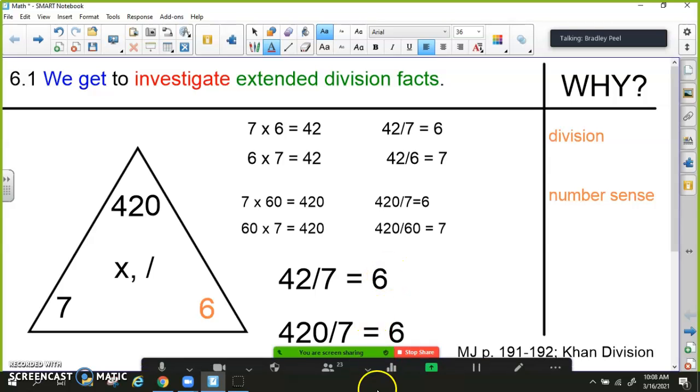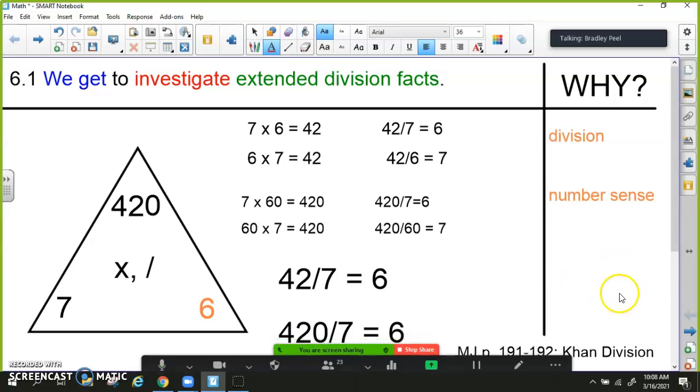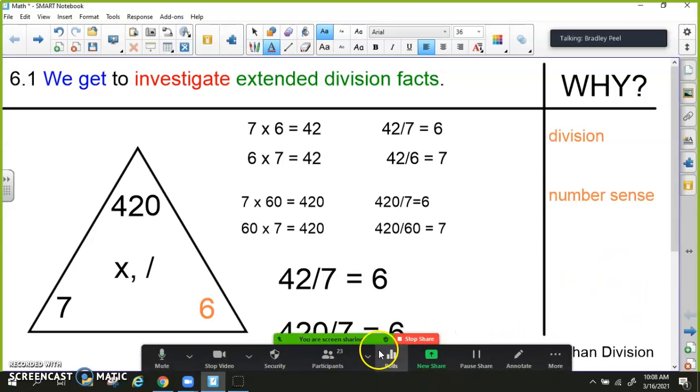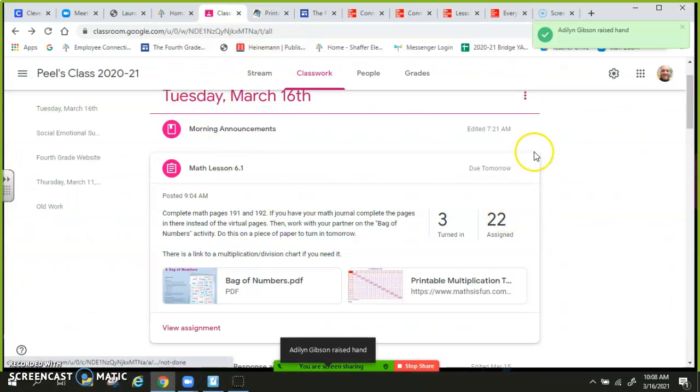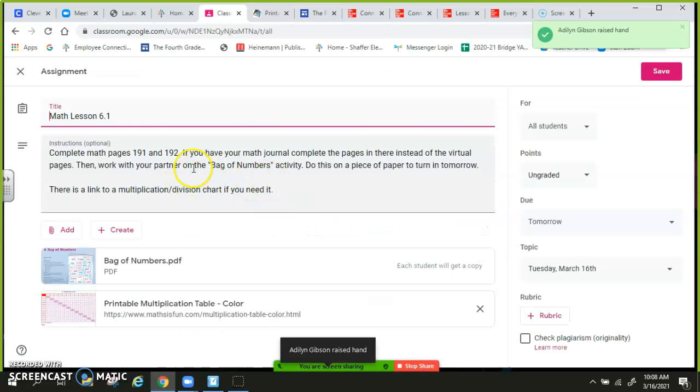Okay, so you're going to be doing pages 191 and 192, and then when you are finished, I know it says partners, but that's changed a little bit because some people decided to work on their own.